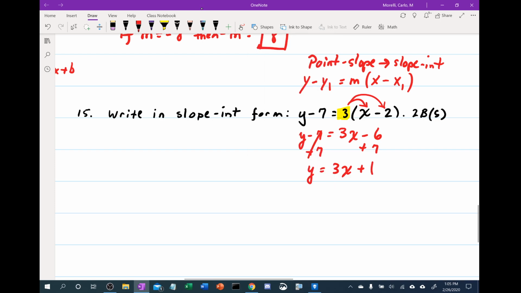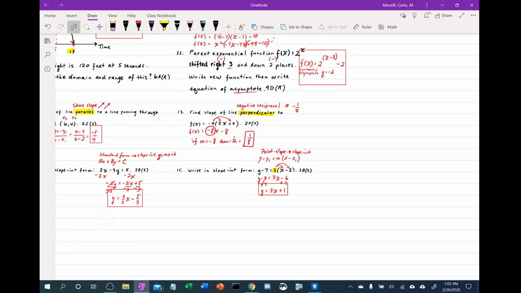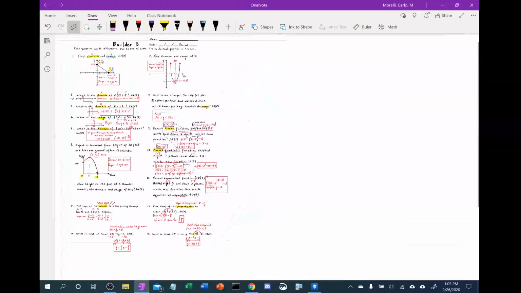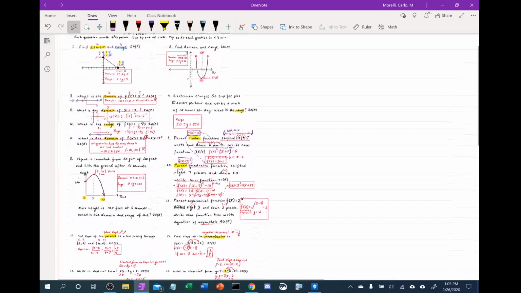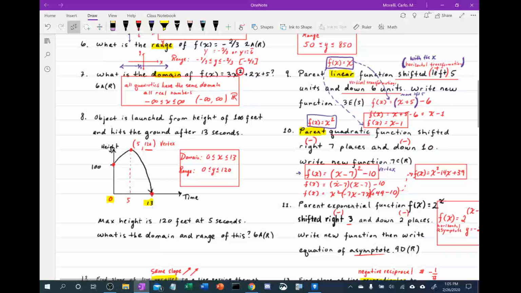Was that hard? No. Okay, zooming out, let's take a look at all of our work here. Which one did you find the hardest? Number 2. Number 10? So if what I'm hearing is correct, we need to work on our transformations.